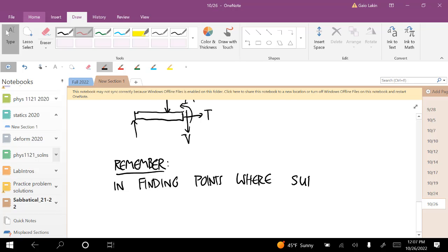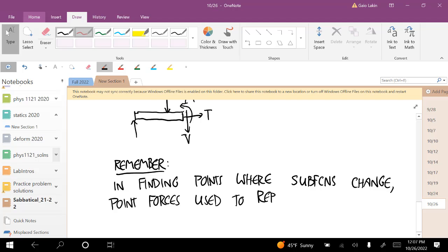In finding the points where the subfunctions change, the point forces used to represent the distributed loads don't actually exist.